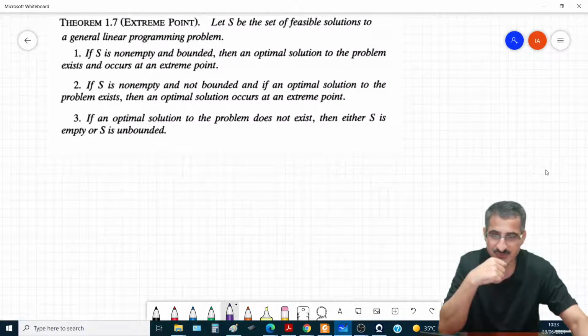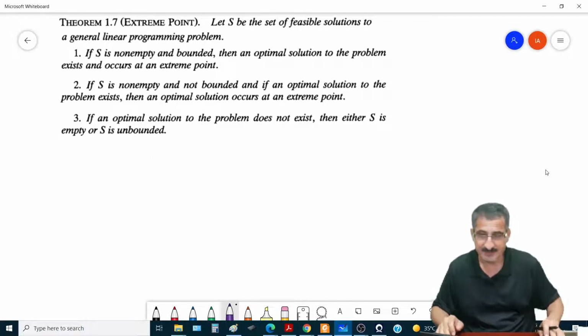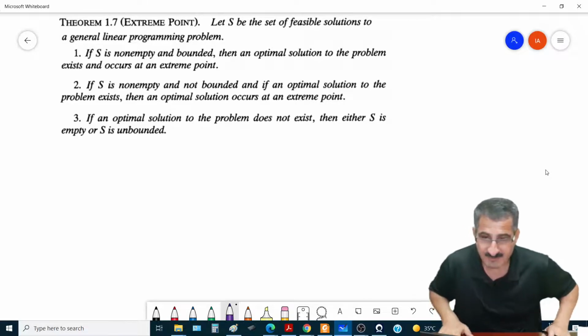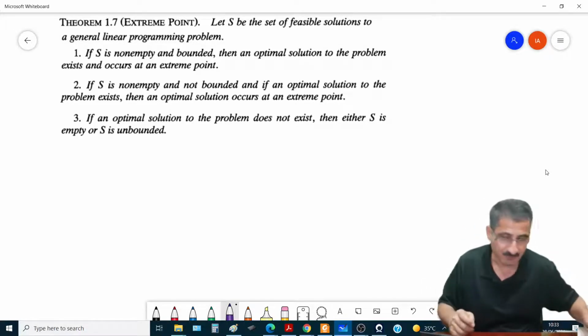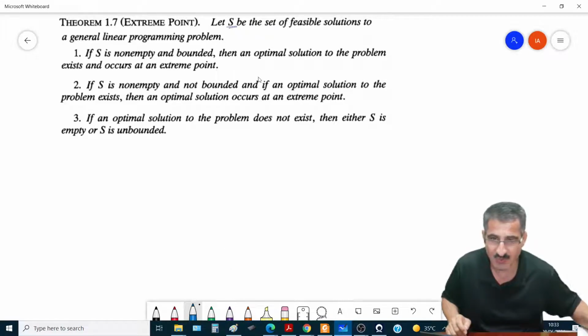Let's go to this theorem, which we will not prove, only consider and try to understand. The extreme point. Now, what do we want extreme points for? Let S be the set of feasible solutions to a general linear programming problem.